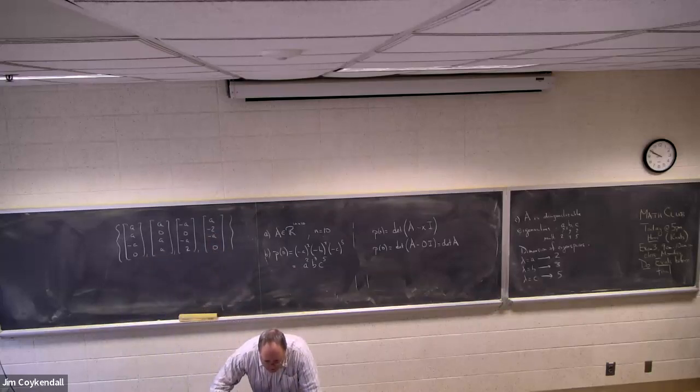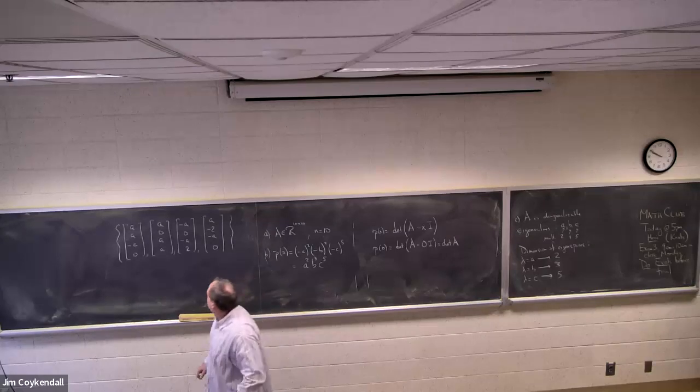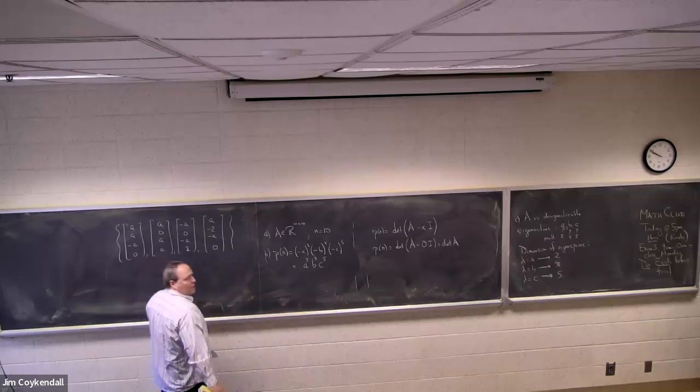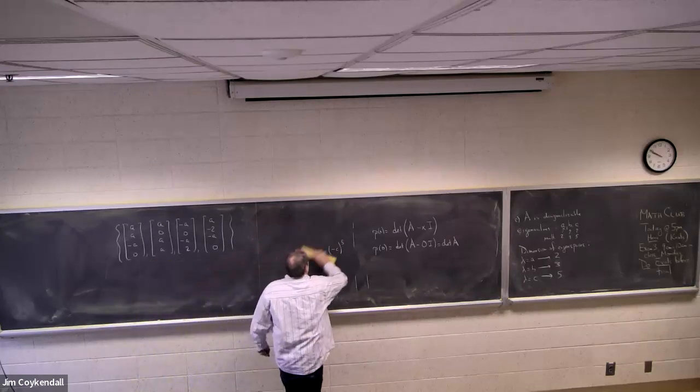It says, for what values of A, if any, do the vectors form a basis for R4? All right. You know what? I'm just gonna get on the horse and ride here.